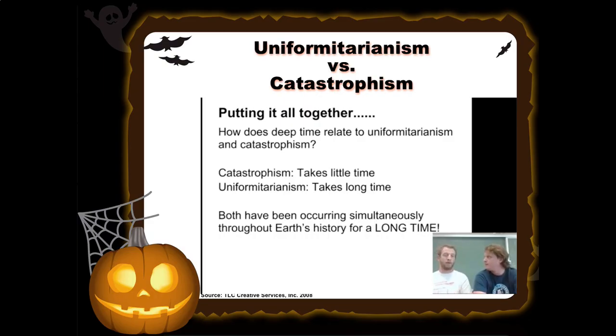So we've had meteorite impacts. We've had tsunamis that take place. Sure. Huge earthquakes, volcanic eruptions, things like that have impacted the Earth's landscape in a really short amount of time. And those are catastrophes that have happened. And they've been happening for basically the entire history of Earth, yeah. And this uniformitarianism, those little processes, things that are happening now, have been happening that whole time on Earth. Exactly.